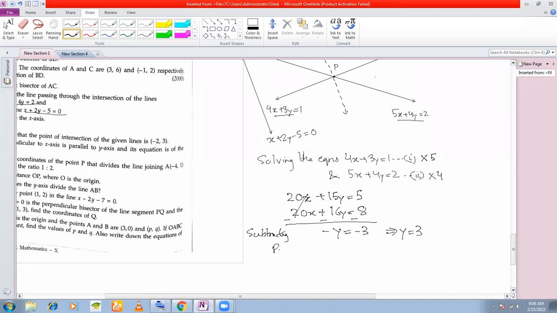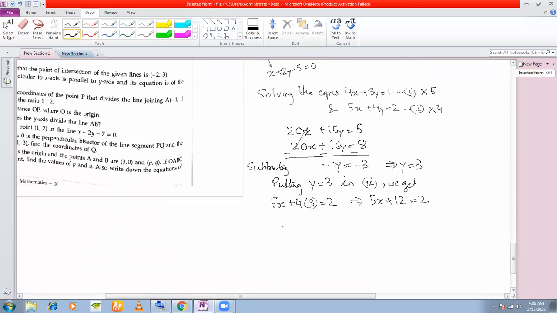Putting y is equal to 3 in 2 or 1, let's put it in 2. We get 5x plus 4 into 3 is equal to 2. That's 5x plus 12 is equal to 2. Then you get 5x is equal to 2 minus 12, so 5x is equal to minus 10.